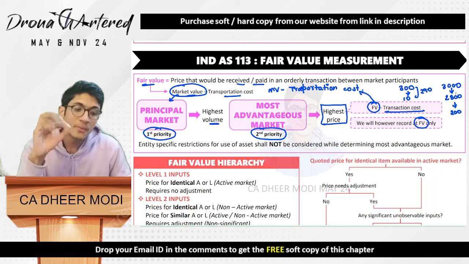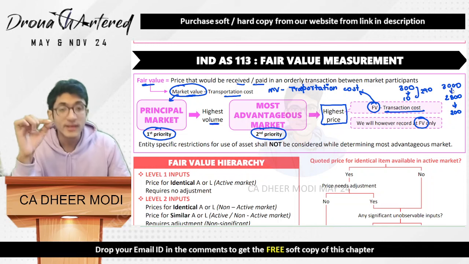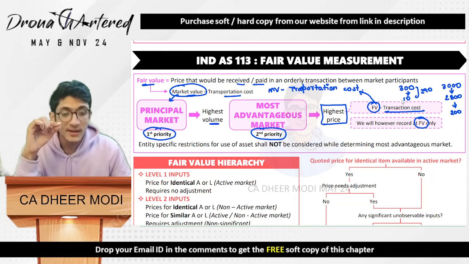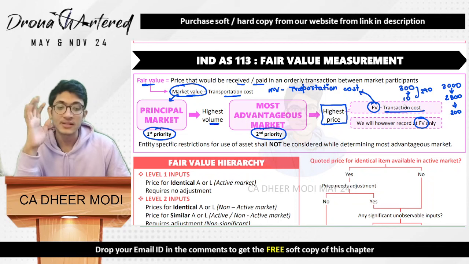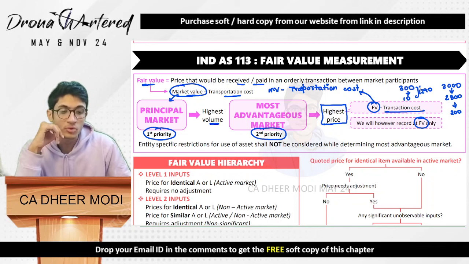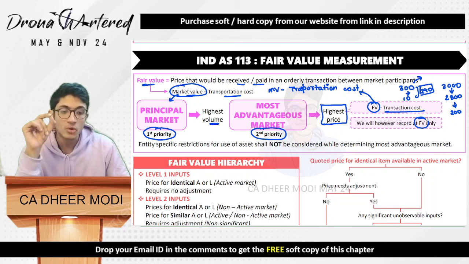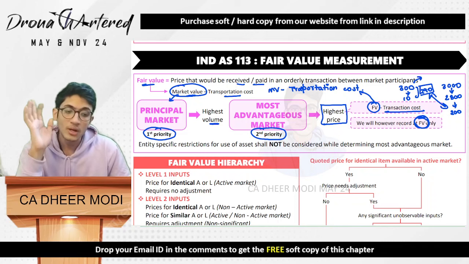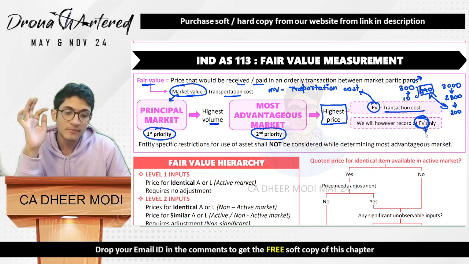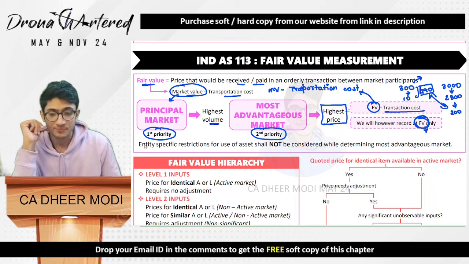So even though my original price in the US was higher, after subtracting the transaction and transportation costs, it comes to 290. Therefore, India will be considered as my most advantageous market. But we will record it at fair value. This comparison, only for comparison purposes, we will be subtracting transaction cost. For all other reasons, for recording purposes, it will be done at fair value only.